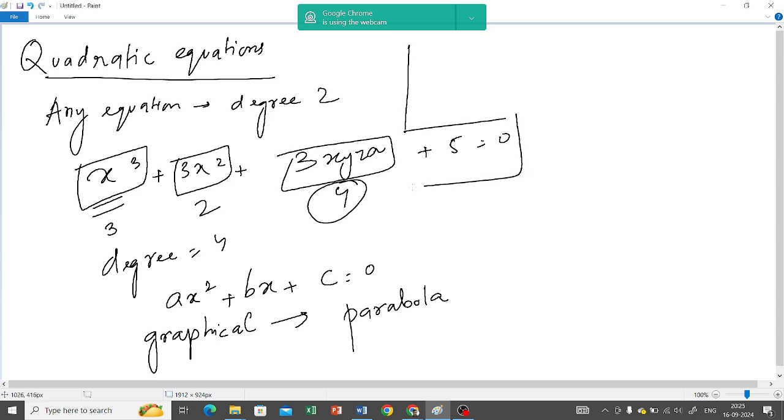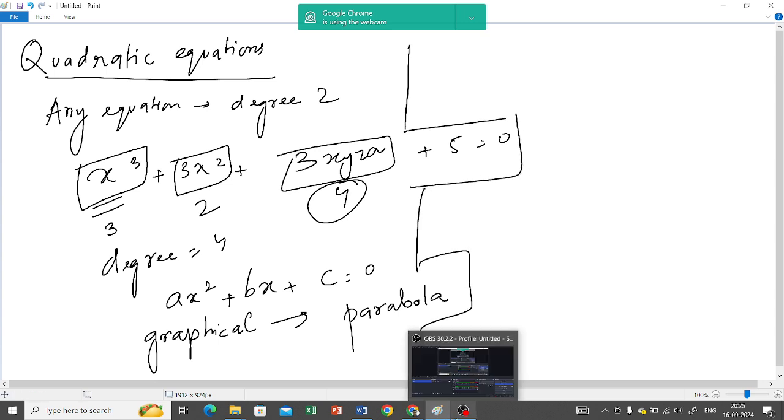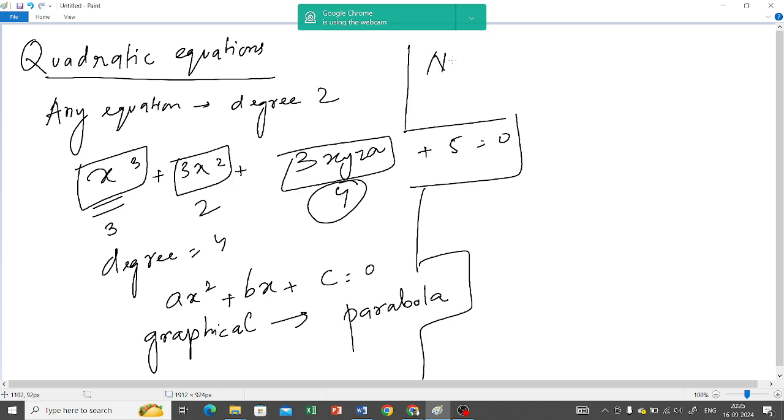Now remember that in any equation, number of roots. What do you mean by root of an equation? Root is the solution of an equation. That means those values which, if you put on the LHS, you will get the RHS. Those are called the roots.